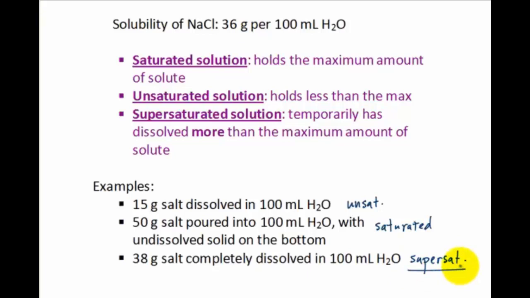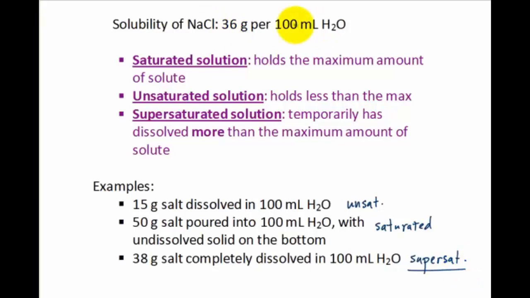Well, the key here is that solubility often changes with temperature. If we heated up that water, those molecules are moving faster and they're more effective usually at surrounding the ions in the solution. So what if we take some really hot water and dissolve salt in it? We would be able to get more than 36 grams.